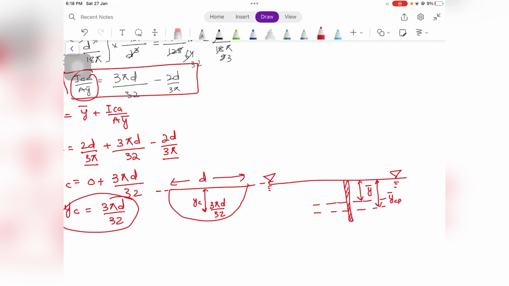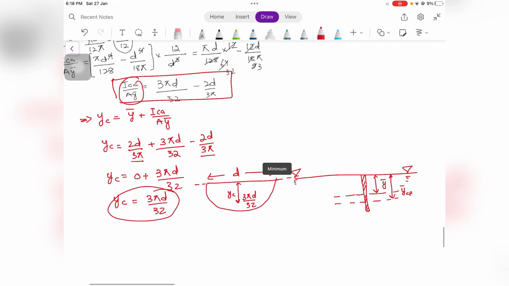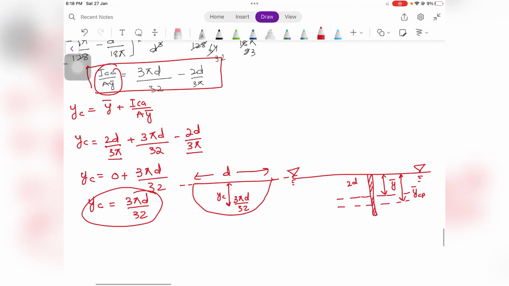So Y bar is 2 times diameter upon 3 pi, right, this, and the depth of center of pressure YC is 3 times pi d upon 32.